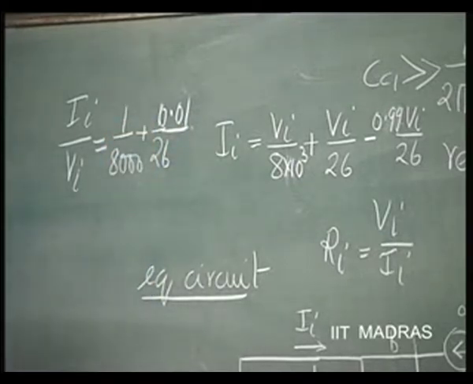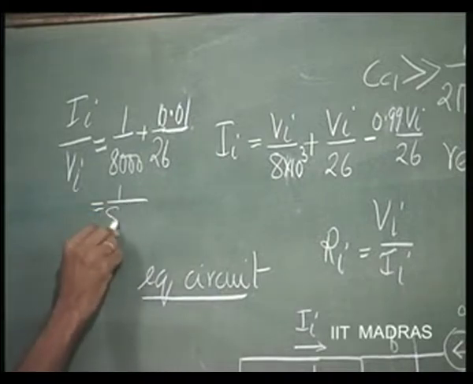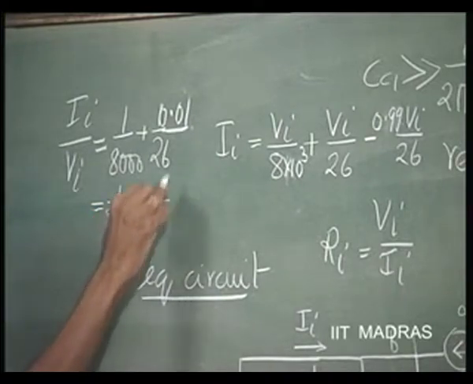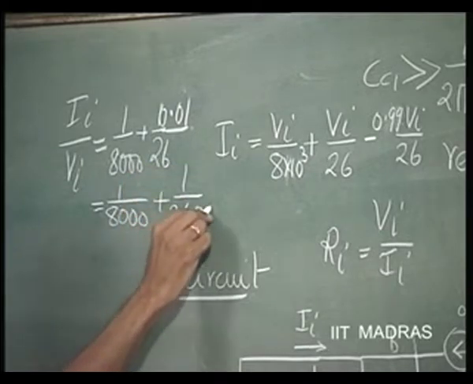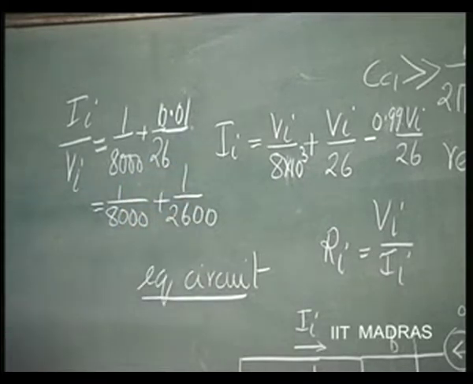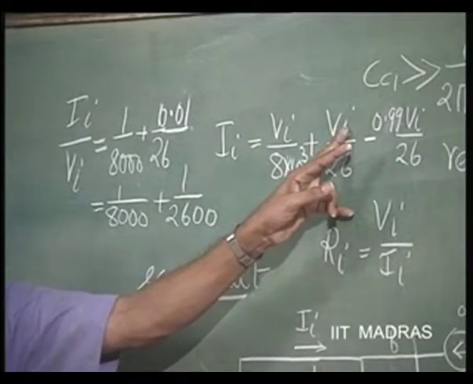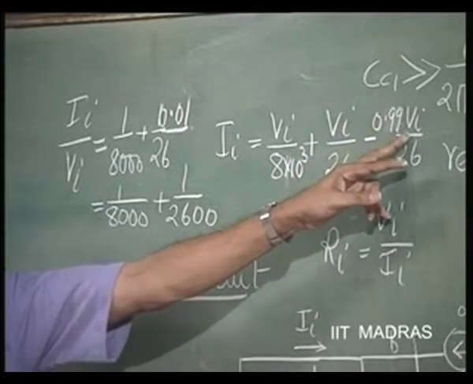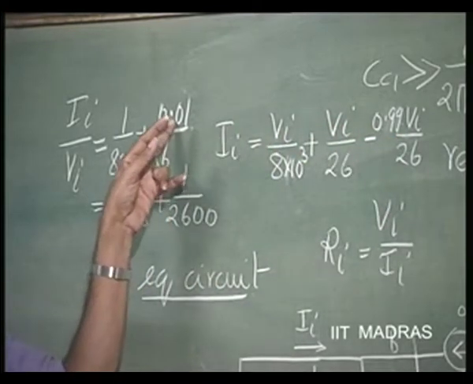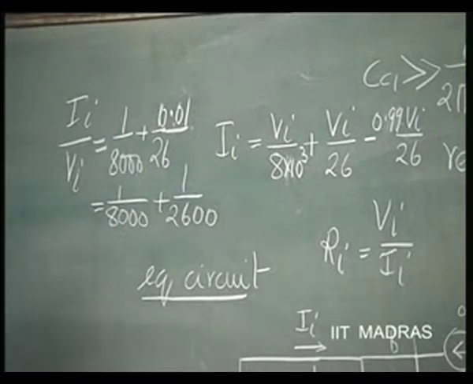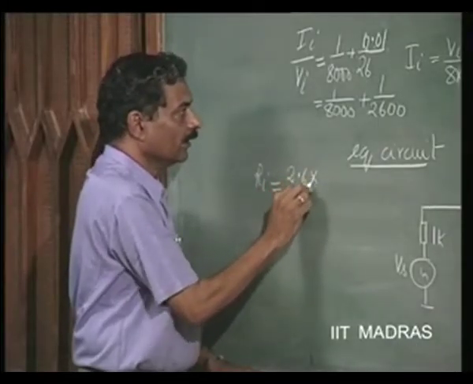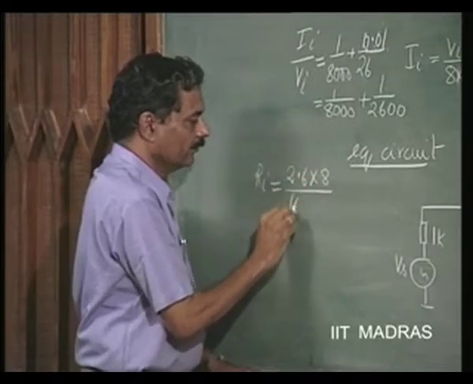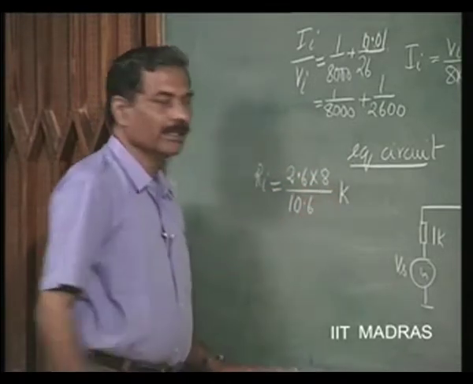Therefore, this is equal to 1 over 8000 ohms in parallel with 1 over 2600 ohms. This is 1 by 26 into 1 minus 0.99, which is 0.01. So, you can see that Ri is nothing but 2.6 K parallel 8 K. So many kilo ohms.